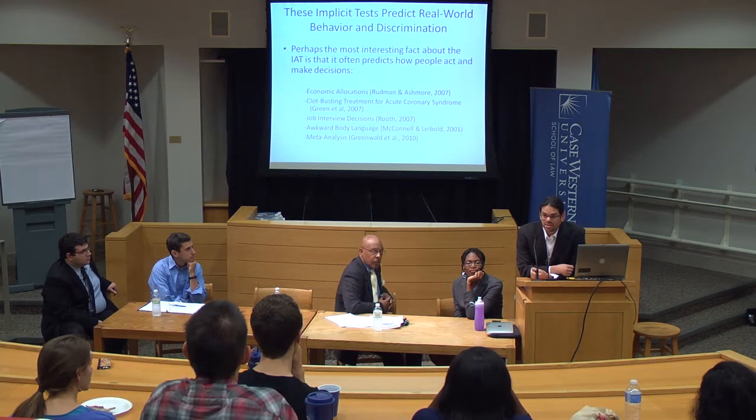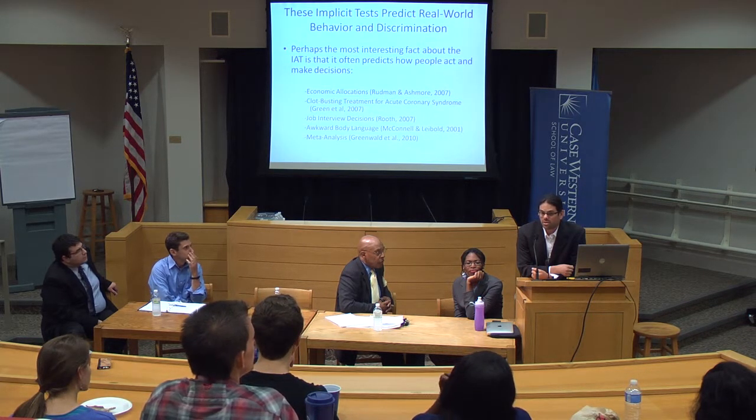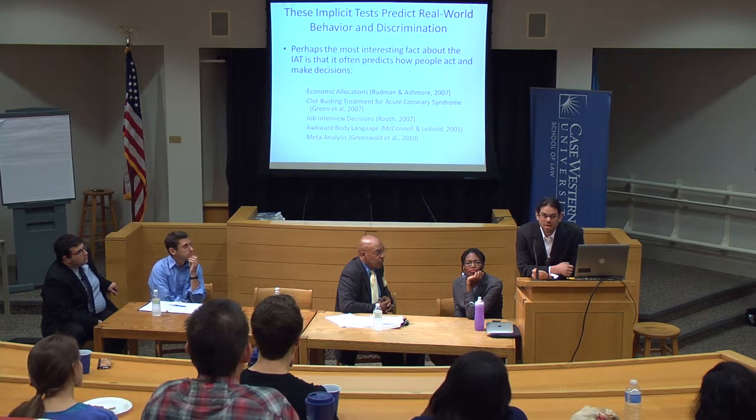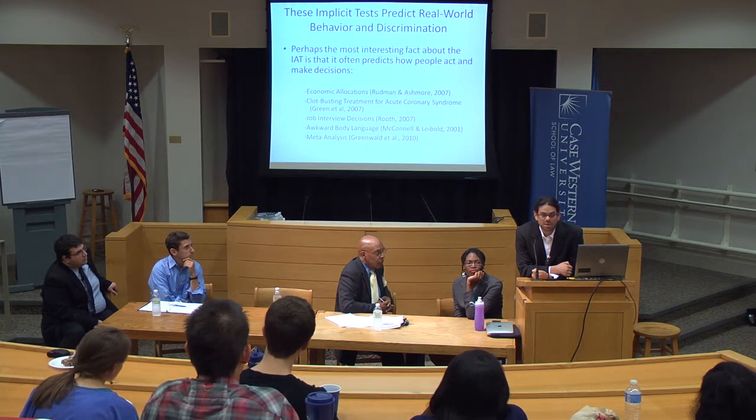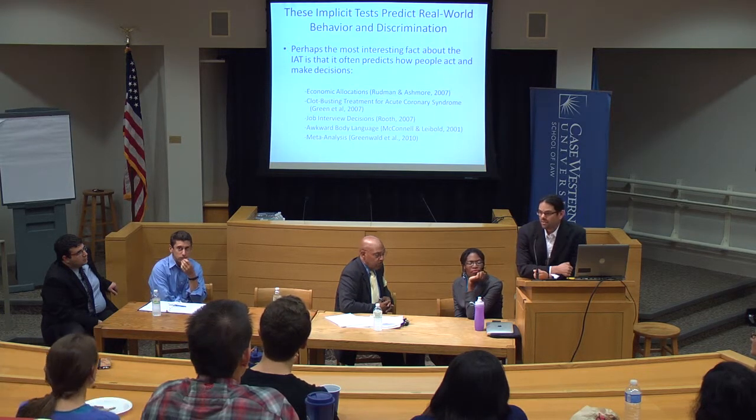They separately tested the same students' implicit bias levels. And what they found was that implicit bias levels of the students predicted where they cut money. So people who had highest implicit biases against black students, Jewish students, and Asian students cut funds from the organizations that represented those groups.